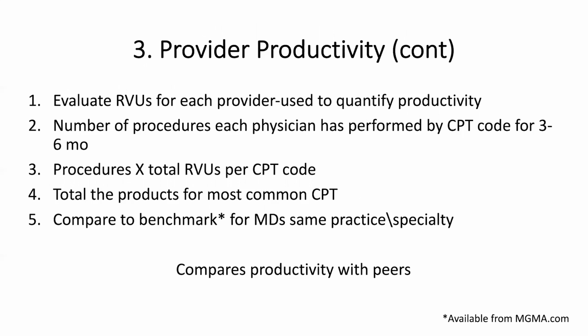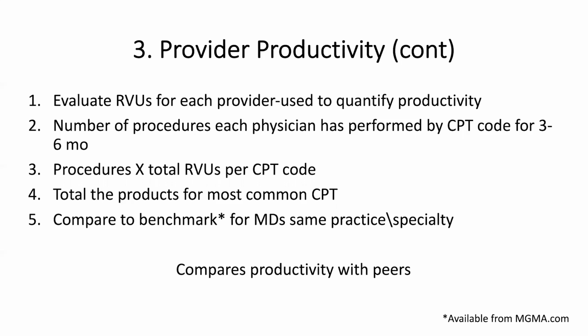And this is a metric that is used to quantify productivity. And I recommend looking at the number of procedures each physician has performed for the most popular or used CPT codes and multiplying the procedures by the total relative value units per CPT code.